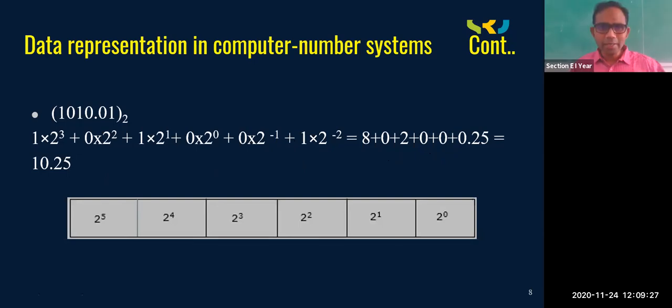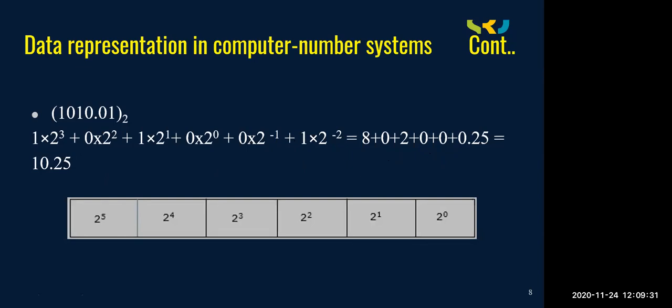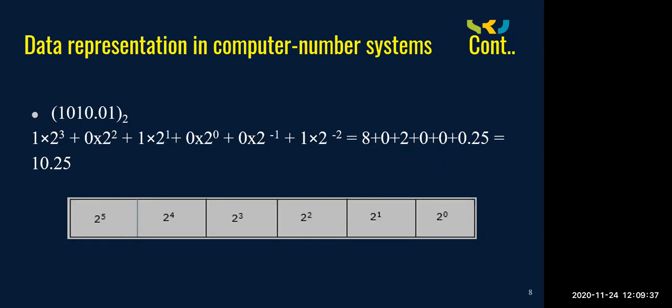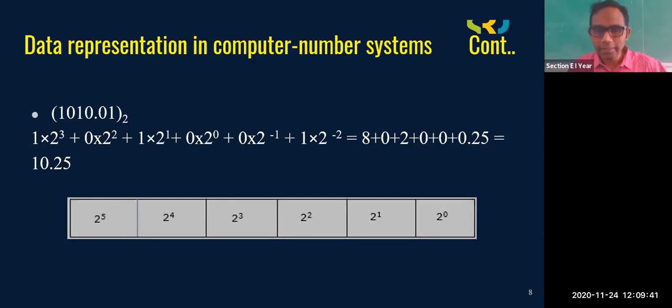Basic mathematics you can refer. -1 means 1 by 2, -2 means 1 by 4, which is 0.25, right? That part you can do at home. So finally we get 0.25. Before the dot you need to have positive indices, and after the dot you need to have negative indices, that is, powers.